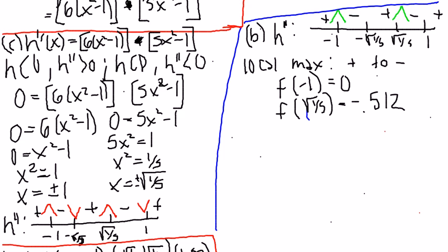And so then we know that we can also find local mins when we go from negative to positive. We'll do these in red. So we can see that it's going negative to positive at negative root 1/5 and also at 1.